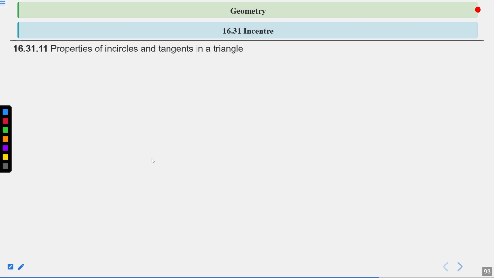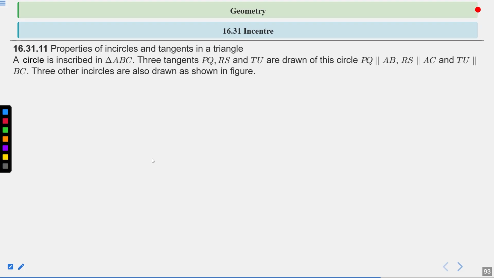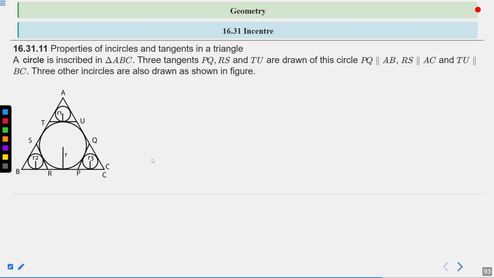So the property of incircle and tangent in a triangle. A circle is inscribed in a triangle ABC. Three tangents PQ, RS and TU are drawn to this circle. PQ parallel to AB, RS parallel to AC and TU parallel to BC. Three other circles are also drawn as shown in the figure.